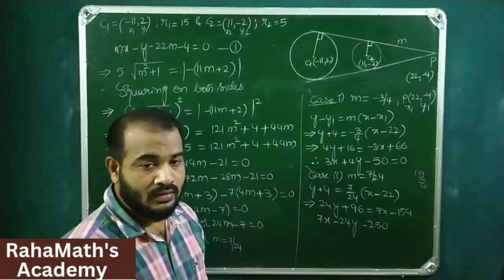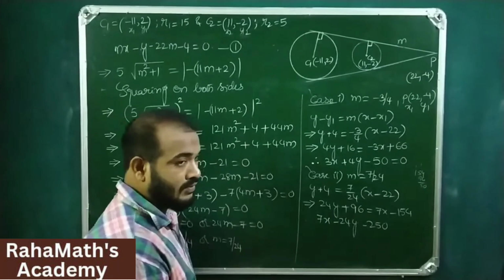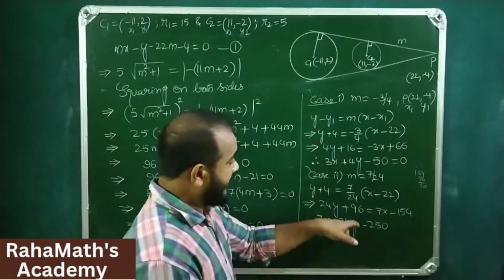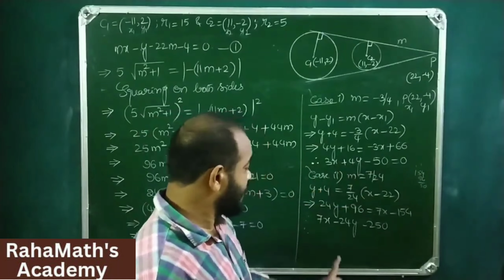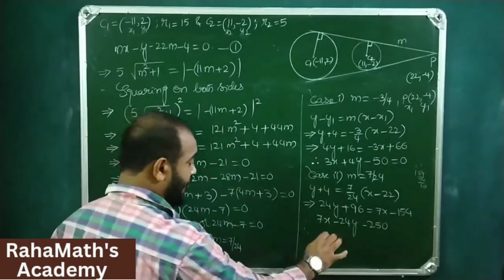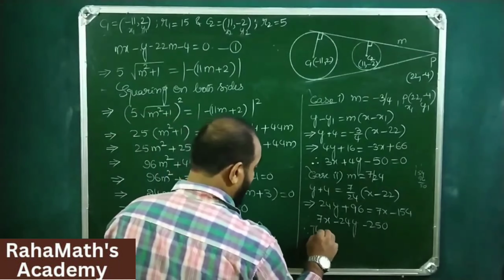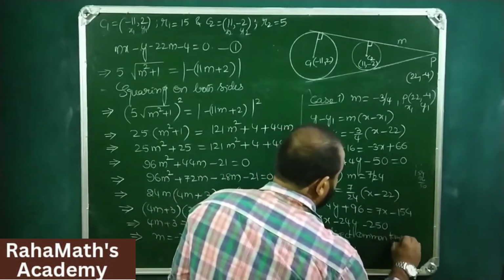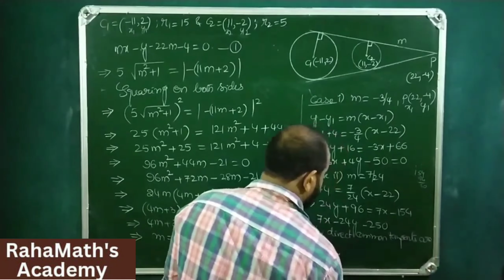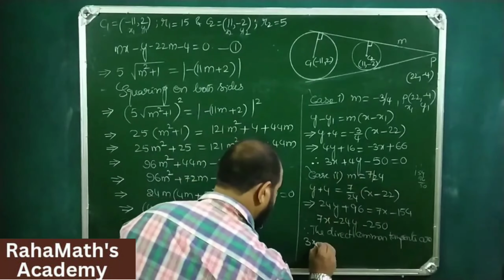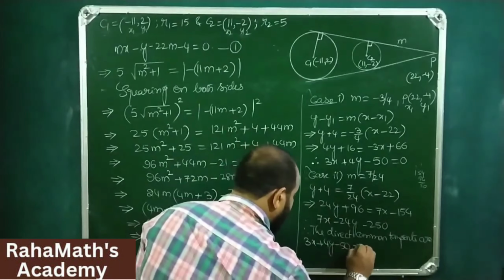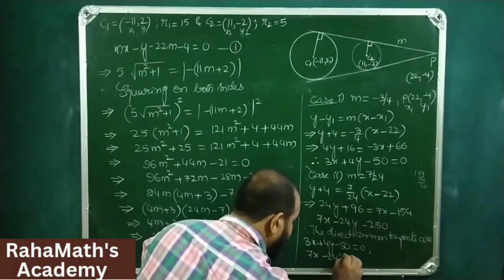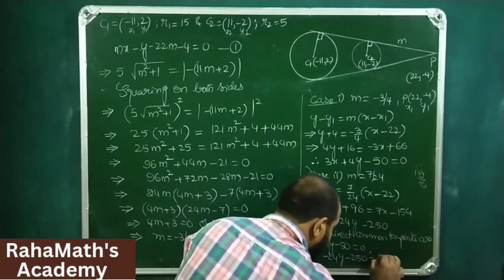Therefore, the two direct common tangents are 3x plus 4y minus 50 equals 0 and 7x minus 24y minus 250 equals 0.